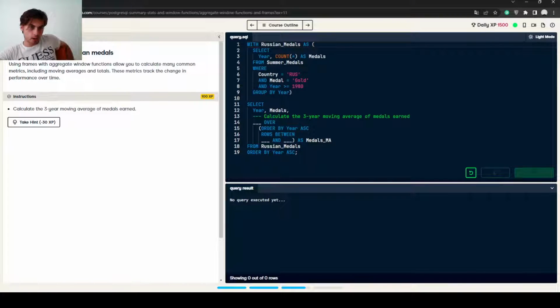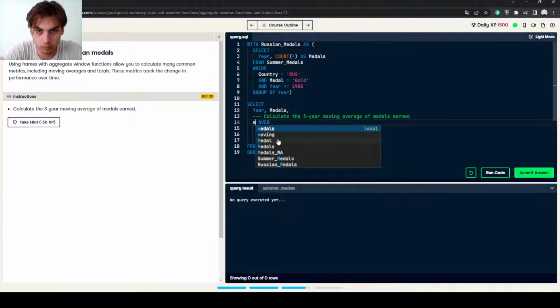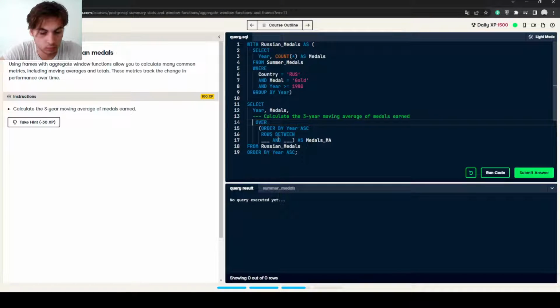Calculate the 3 years moving average of medals earned. Moving average. Rows between. Calculate the 3 years moving average of medals.